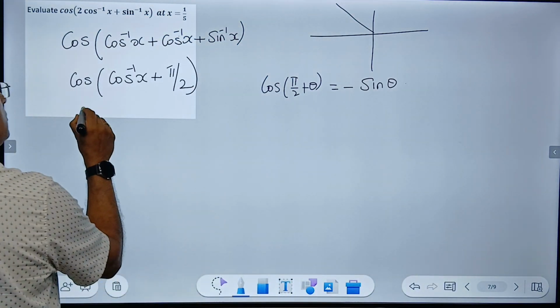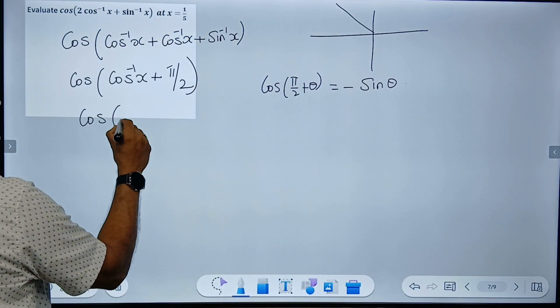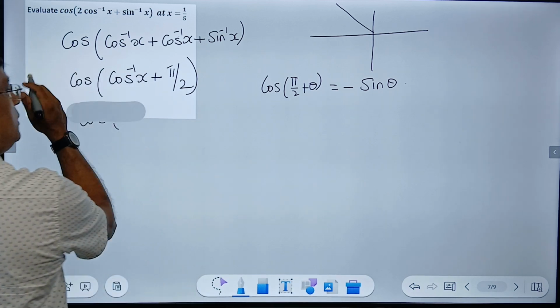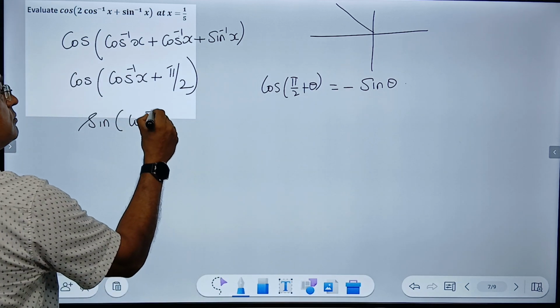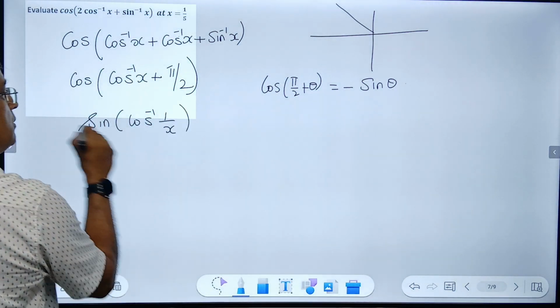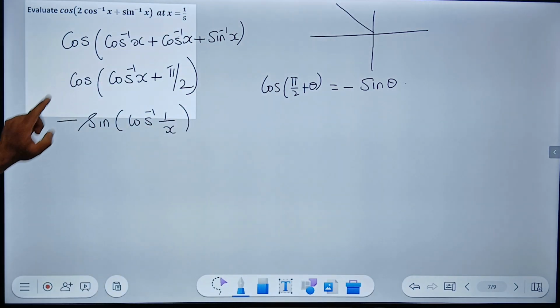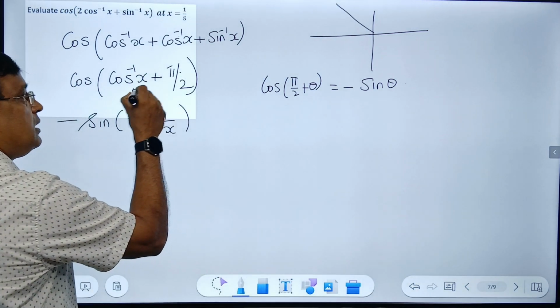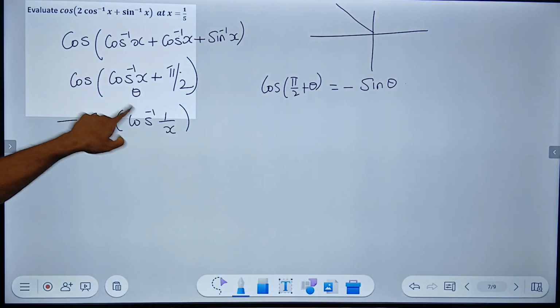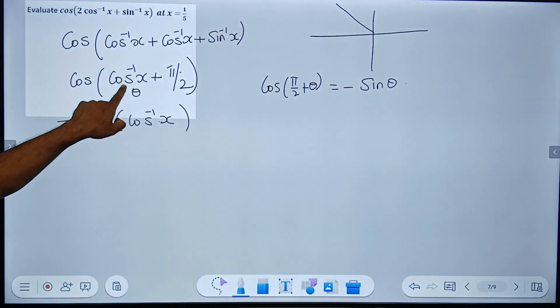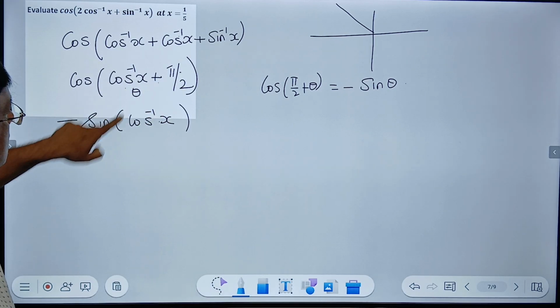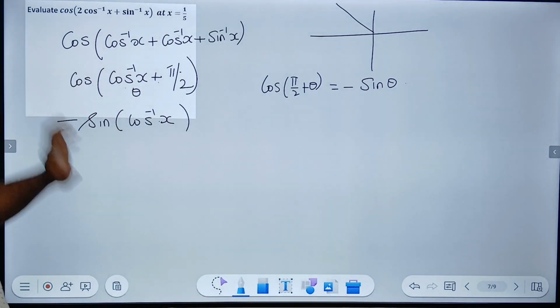So this will become sin of cos inverse x with a minus sign. Why? Cos 90 plus theta is minus sin theta.